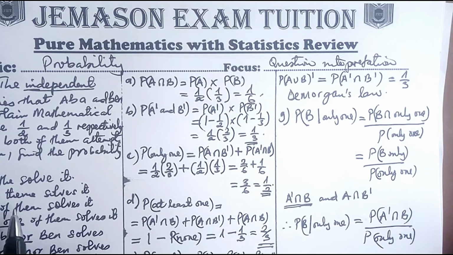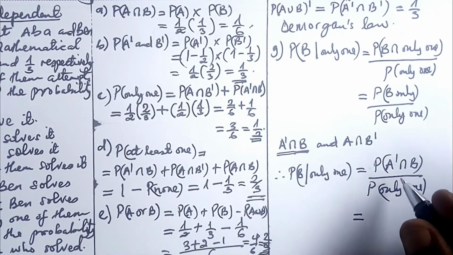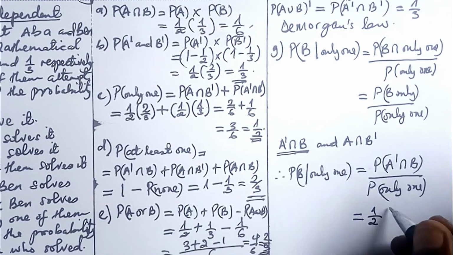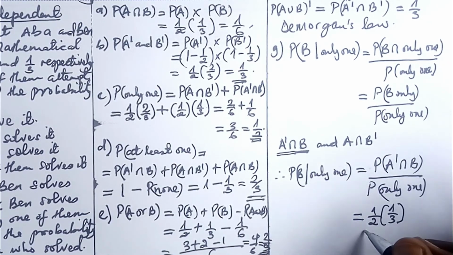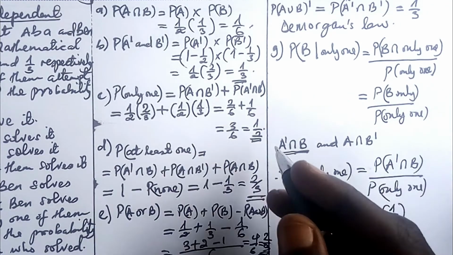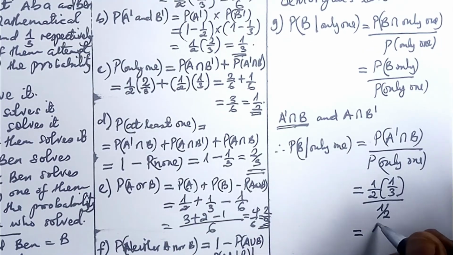P of only one is the C, and the answer of C is half. So I'll be talking of A prime intersection B, which is A prime is half into B, which is 1/3, all over the probability that only one of them solves, which we had as half. So at the end the answer is 1/3.